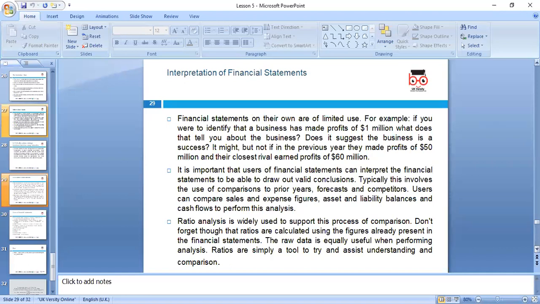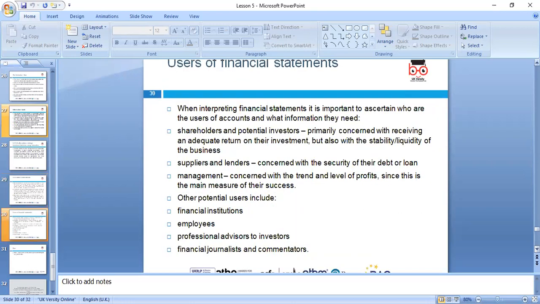Ratio analysis is a widely used process of comparison and forecasting, as we discussed in lessons 2 and 3. We discussed profitability ratios and liquidity ratios, which are very useful for preparing and interpreting financial statements.